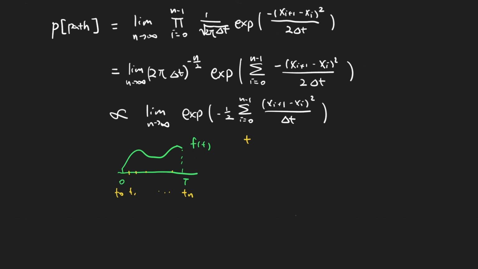So each interval will have a length delta t, which means that delta t times n equals capital T. Then we can just approximate this integral with a sum.